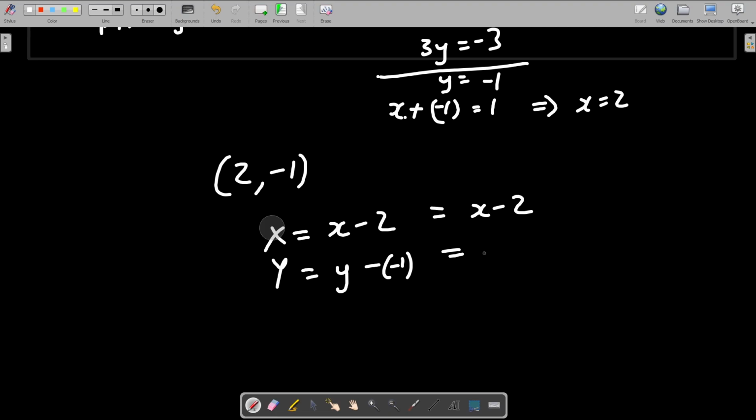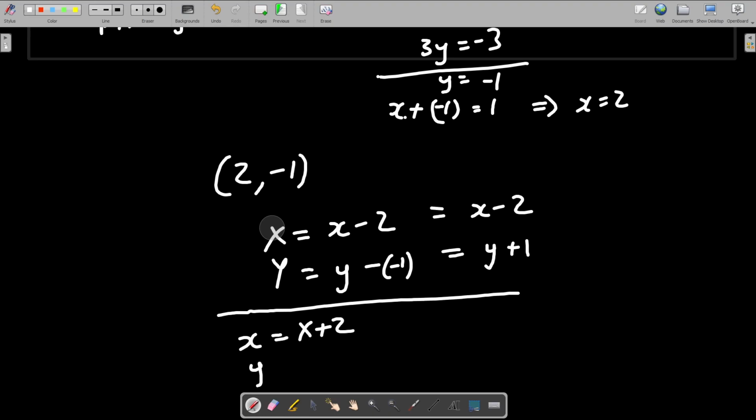But for the sake of our substitutions, we require x is equal to capital X plus 2 and small y is capital Y minus 1.